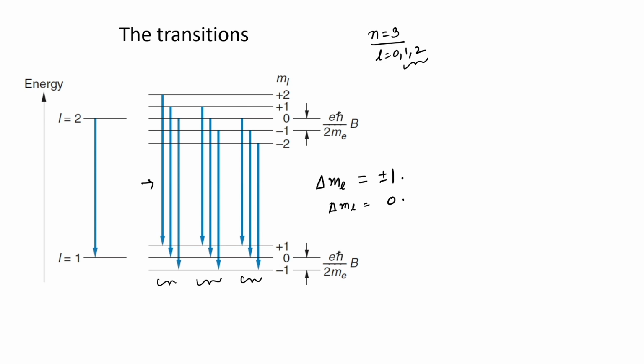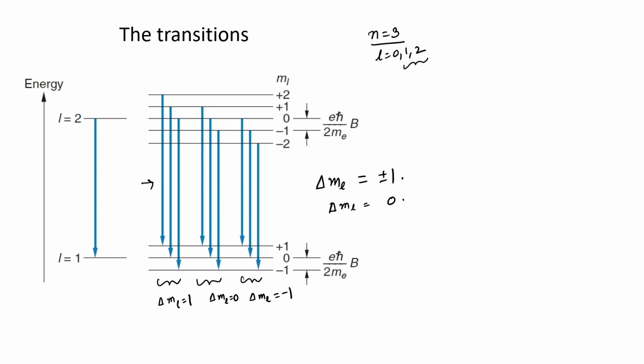So, delta ml is equal to 1, and these would correspond to delta ml equal to -1 and so on. Let us call it as a -1, and these ones will correspond to delta ml equal to 0.